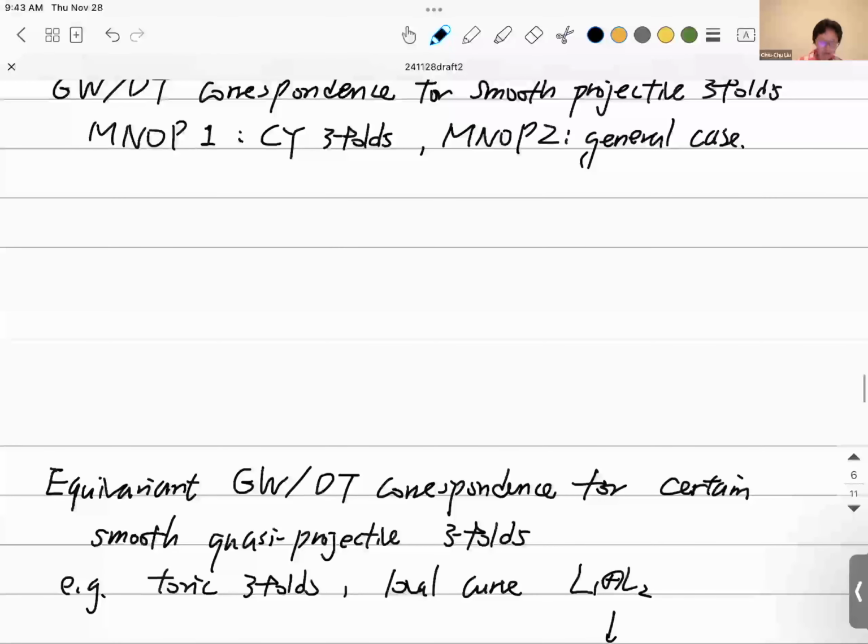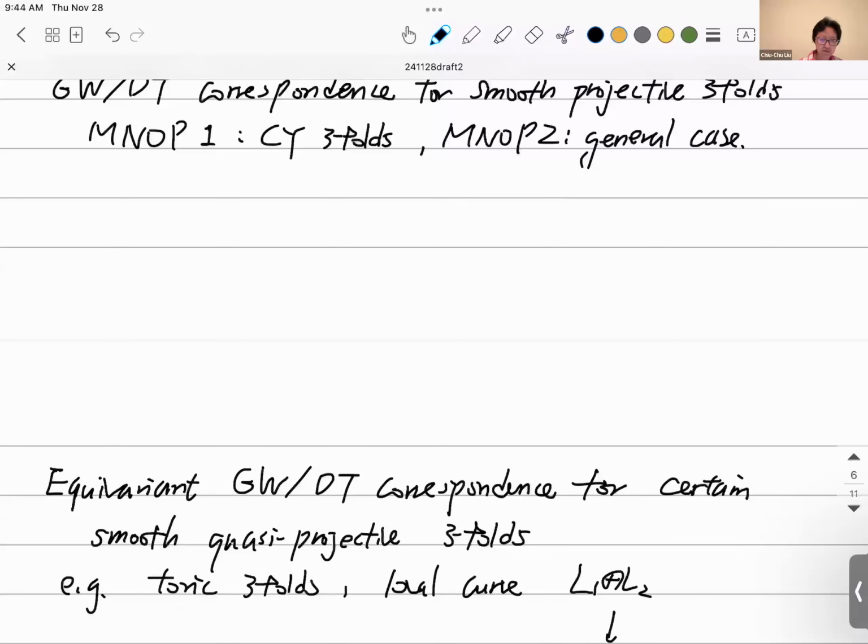In particular, for toric threefolds, we can define equivariant Gromov-Witten invariants and equivariant Donaldson-Thomas invariants, and they can be computed by localization.